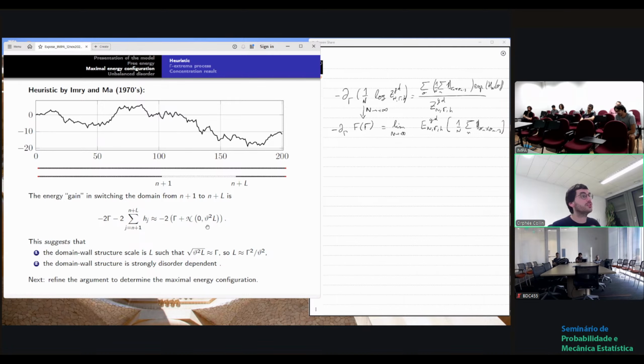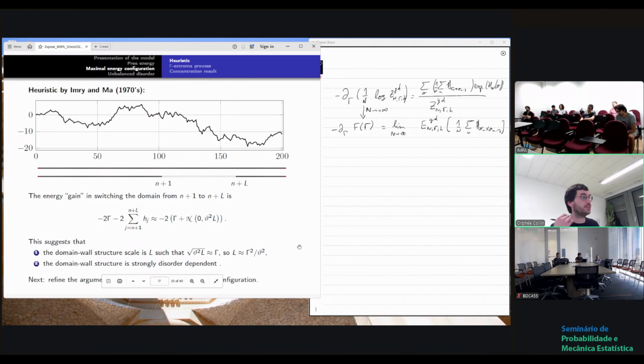And this occurs with a non-negligible probability only if L is large enough. In fact, this heuristic suggests that the correct scale should be L such that the square root of theta squared L is of order gamma. So they suggest the order gamma squared. In fact, it's the same as what we obtain with the free energy.